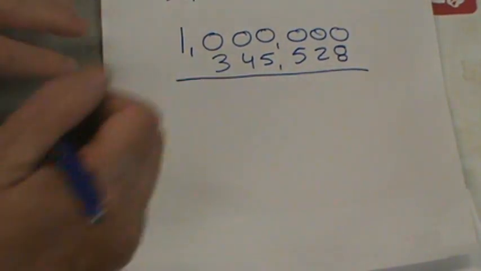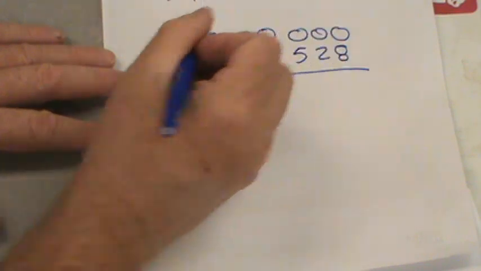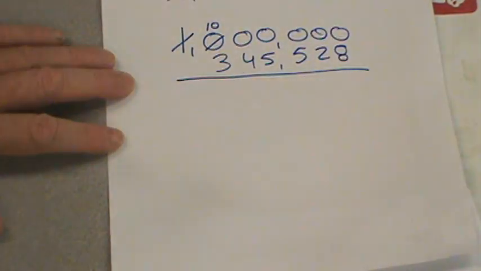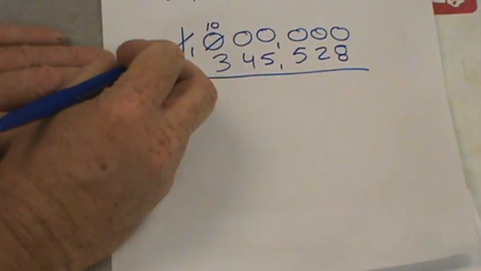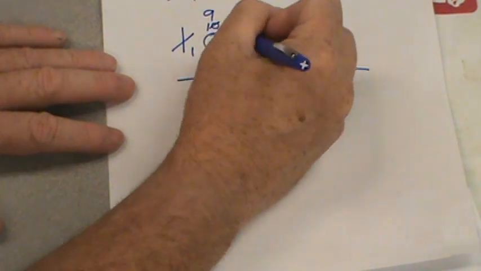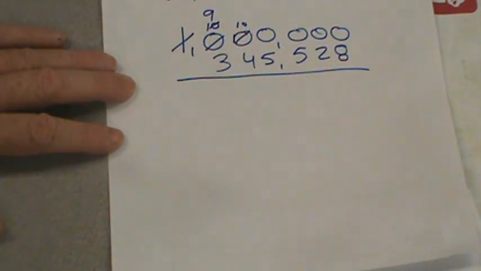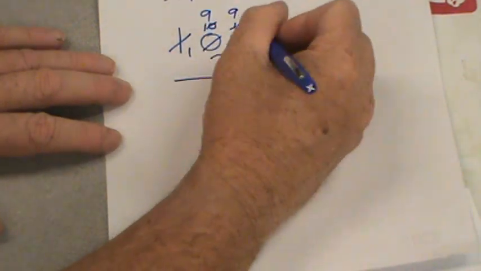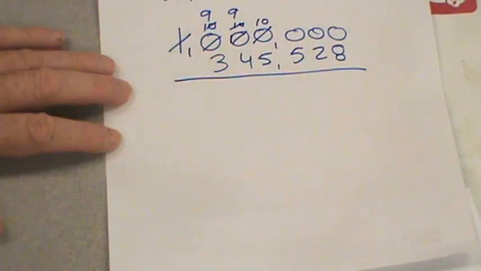We're just going to go for it. This becomes a 10. But I know I'm going to have to decompose all the way down the line, so that 10 will become a 9. This guy becomes a 10. This 10 becomes a 9. This 0 becomes a 10.